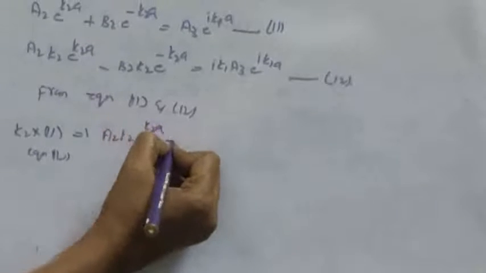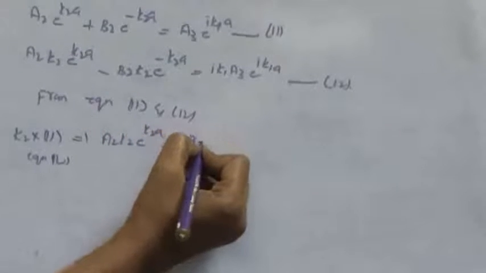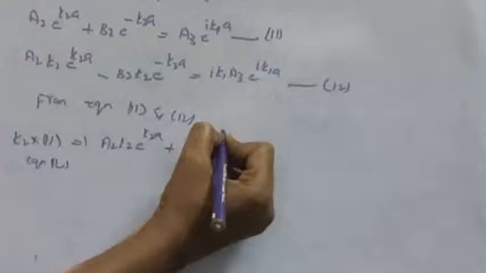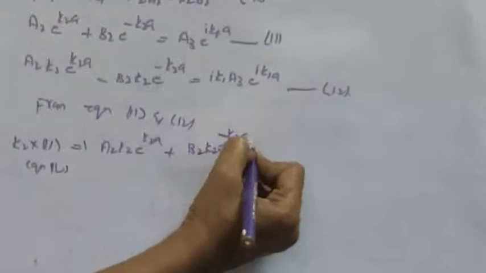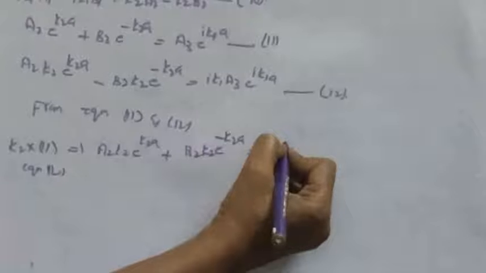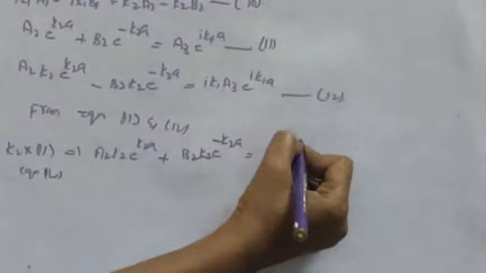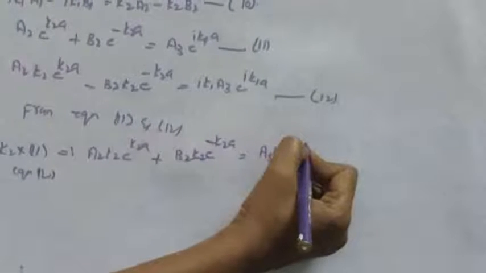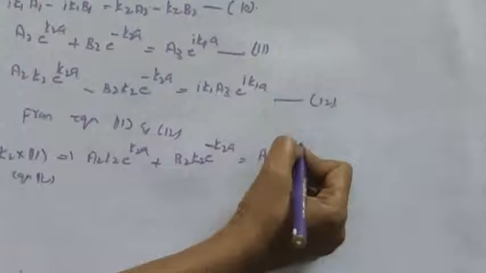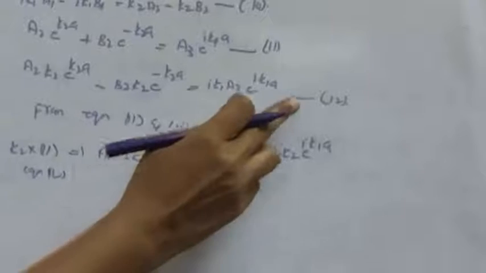By multiplying k2 with equation 11, what you will get? a2 k2 e power k2a plus b2 k2 e power minus k2a is equal to a3 k2 e power i k1a.